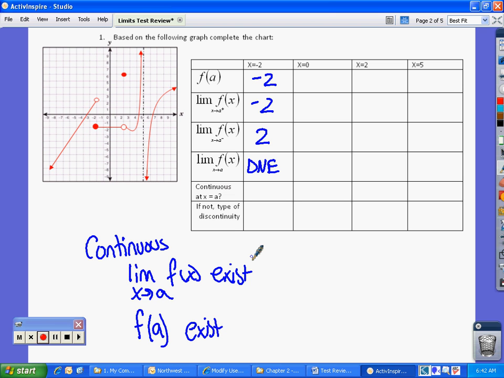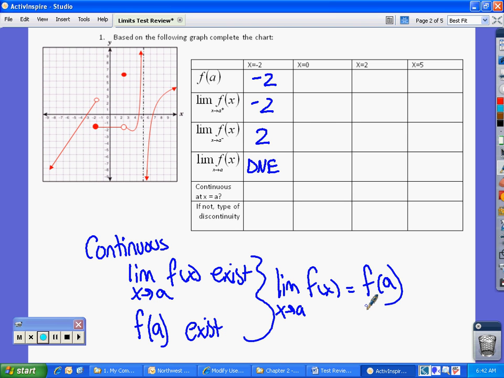And also, the limit as we approach that value has to equal the value of the function at that point. So for several reasons, this fails the continuity test. No, it's not continuous. First of all, the limit doesn't exist, and it has to exist. And second of all, the limit does not equal the value of the function there.